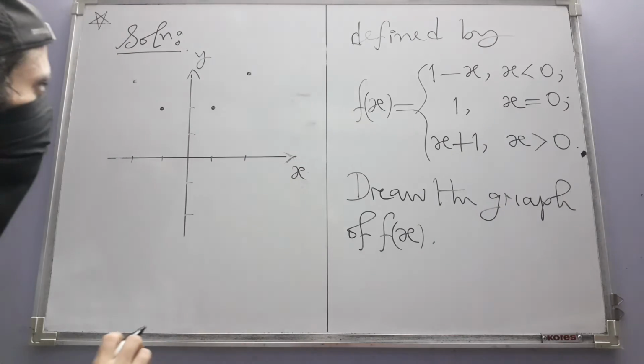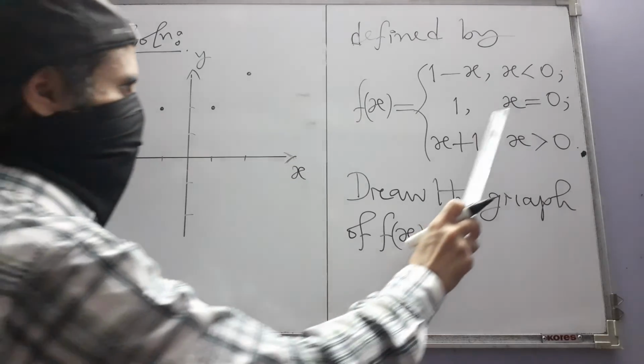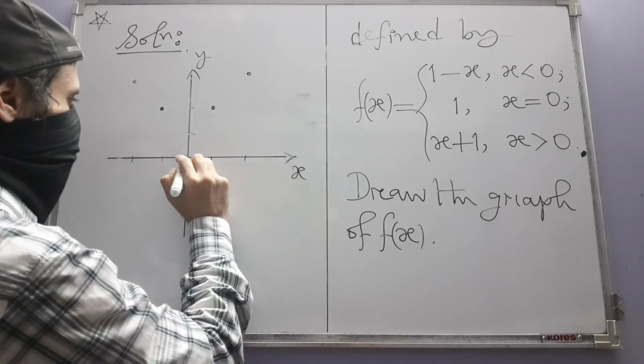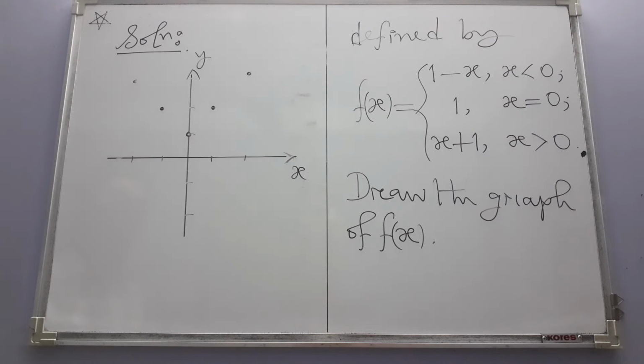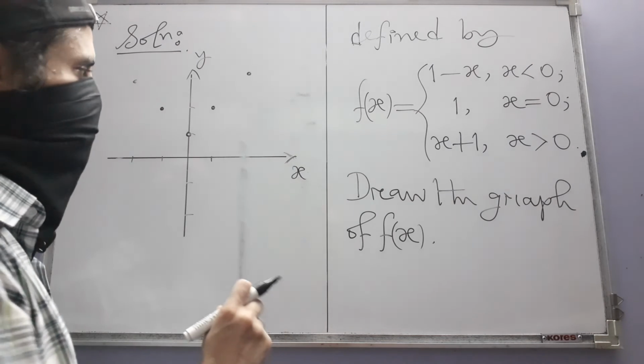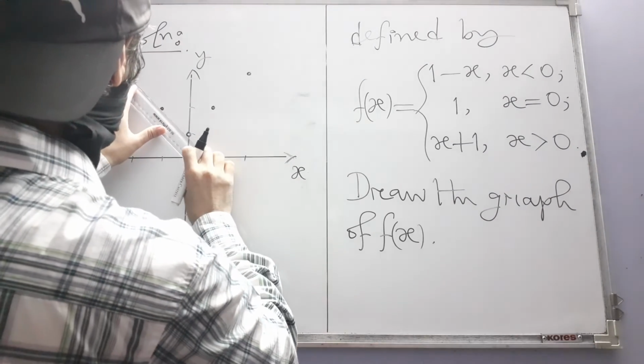Alright. And if I put x equal to 0, then I am going to get 1. Okay. Now, in spite of not putting any other points, can I say that this is my graph?